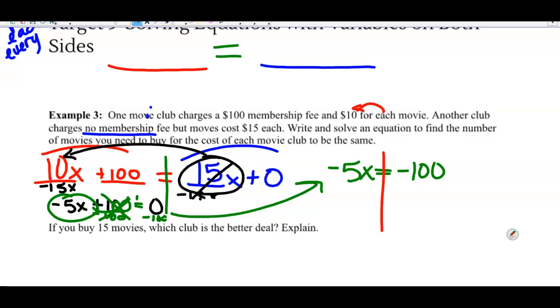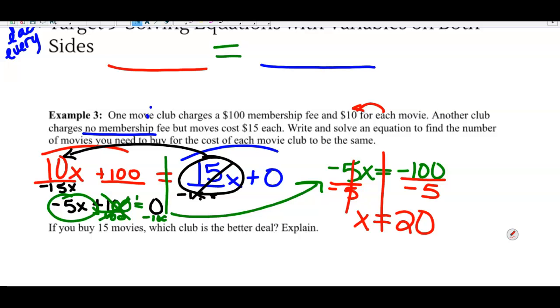So then, last step, divide by negative 5, divide by negative 5. So I cross that out, and I get x equals, 5 goes in there, positive 20. So that is when the two equations would be equal, after you rented 20 movies.